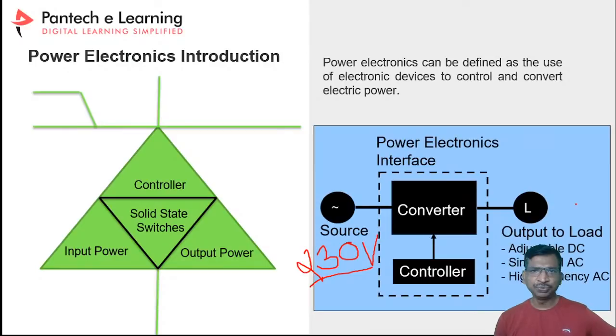Suppose you take an LED light, that LED light will work at 12 volts and 1 ampere. So you have to form one AC to DC converter. I will tell you what all the types are and how we can formulate it. You need to form one AC to DC rectifier, and that rectifier will give you 12 volts with 1 ampere output.